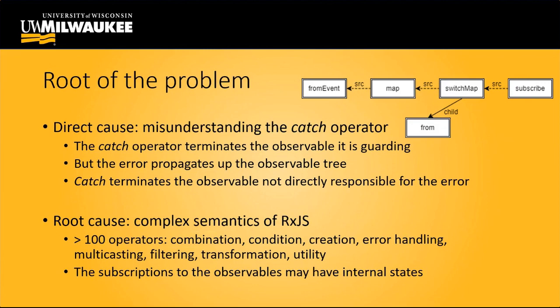RxJS has over 100 operators, which based on purpose may be grouped as combination, condition, creation, error handling, multicasting, filtering, transformation, and utility. Each operator creates a different observable, and the subscription to these observables may be stateful.